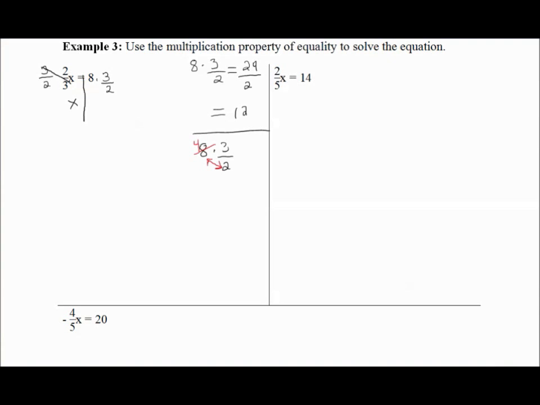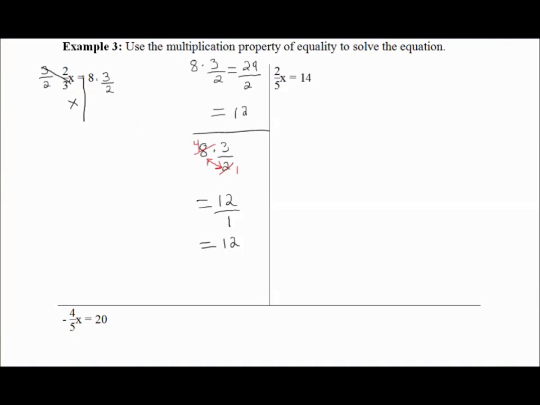And 2 will go into 2 1 time. So this becomes 1. Now I can multiply my whole number 4 times 3, which gives me 12. Keep the same denominator, which is now just 1. So my answer is still 12. Only difference is I reduced before I got started.